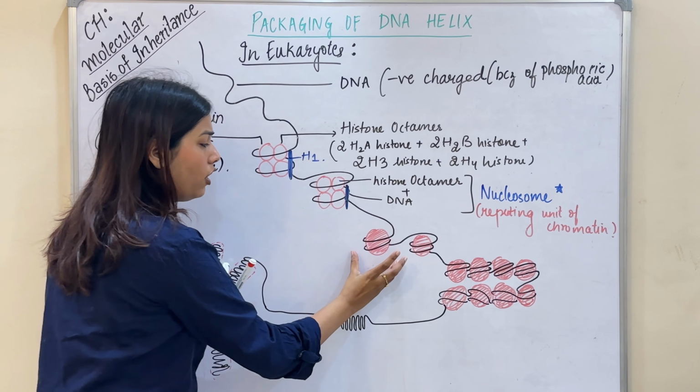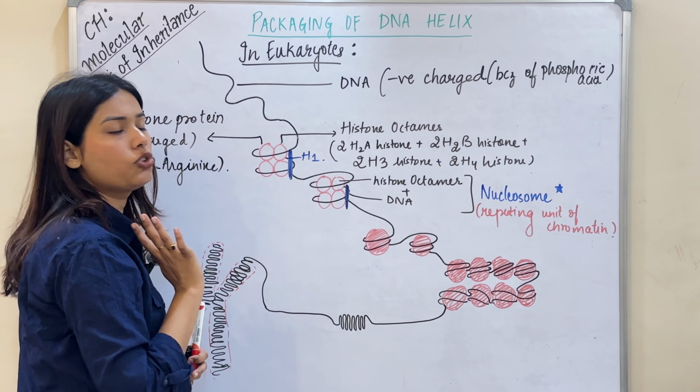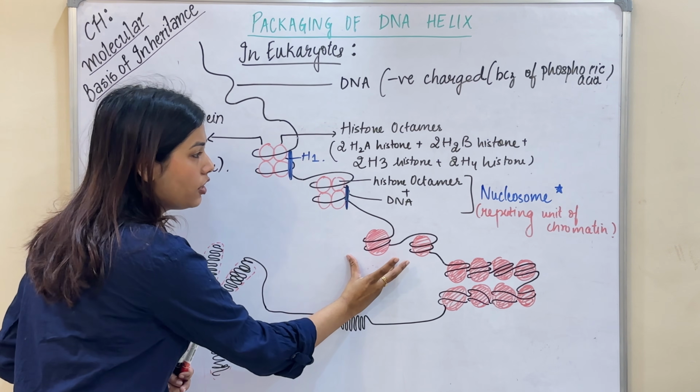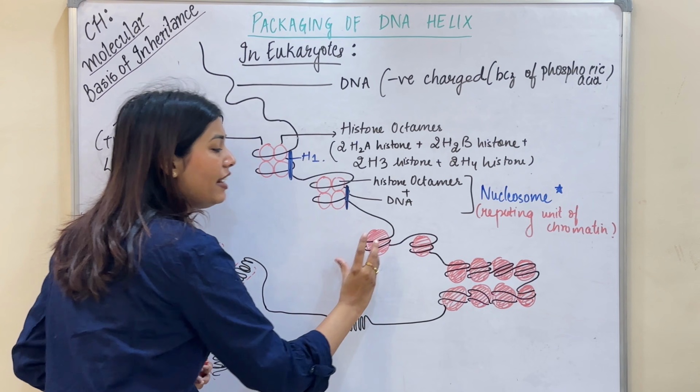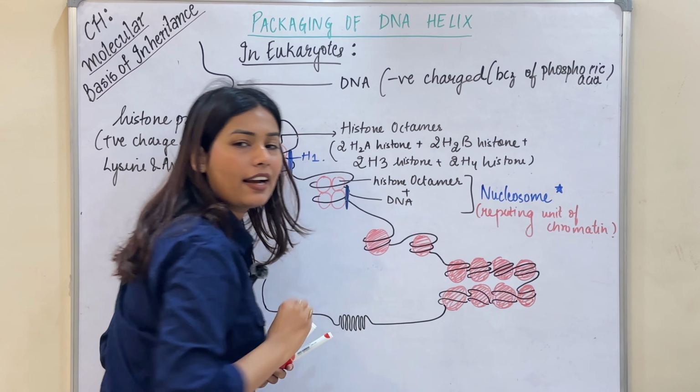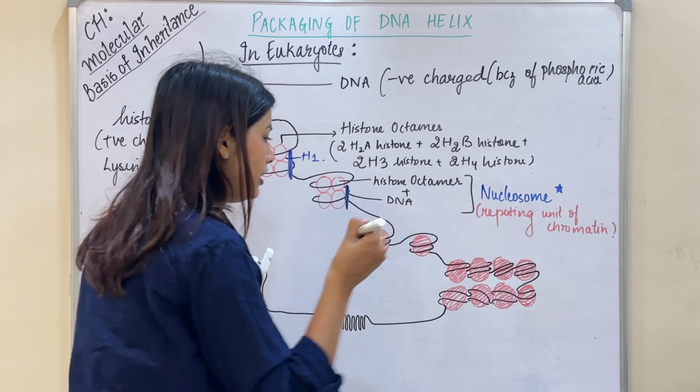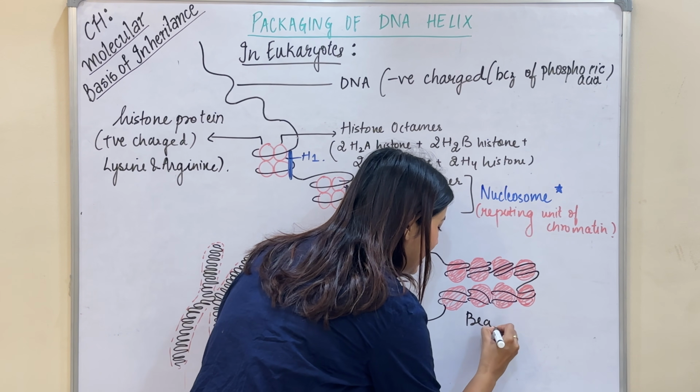Now I haven't drawn the separate histone proteins. So this is a nucleosome, this is a nucleosome. Many nucleosomes are going to tightly pack themselves, and it appears as a bead on string like structure.